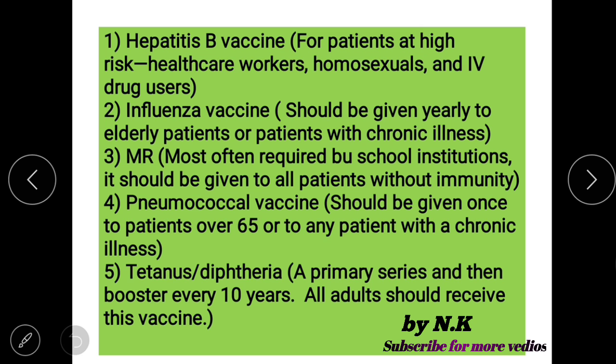It should be given to all patients without immunity. Then fourth one, pneumococcal vaccine should be given once at age 65, or to any patient with a chronic illness. Then fifth one, tetanus and diphtheria, a primary series, then booster every 10 years. All adults should receive these vaccines.